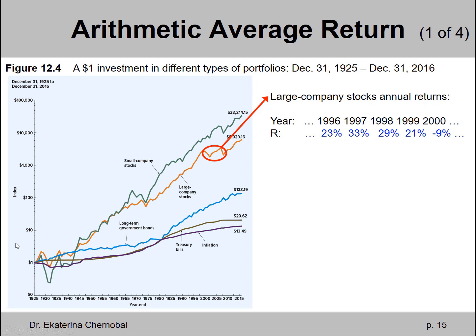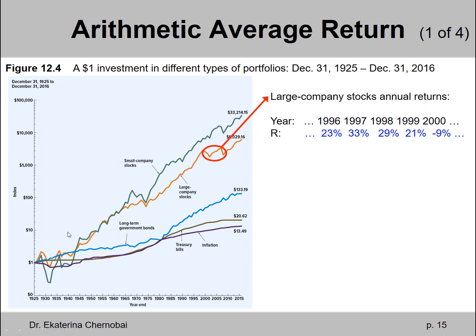If you look again at what's on the vertical axis, we don't have percentages, we have dollars. So maybe in year 1996, the value of the investment was $2,000. And maybe in 1997, the value of the investment was, let's say, $2,700. And so that corresponds to a 33% jump over 1 year.